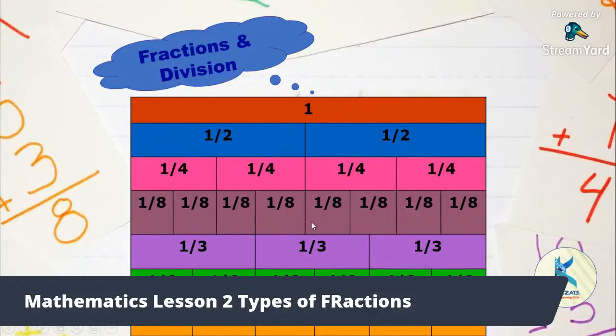This part was easy. We can easily do it with class 1. But when you move on to 1/3, 1/6, and 1/12, that is a tricky part because 1/3 cannot be folded easily. With the help of a strip, you can do it easily. But with circles and other shapes, that is the difficult part.